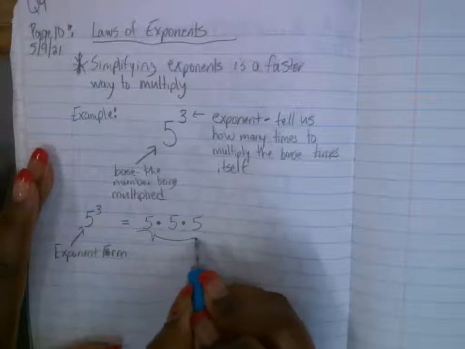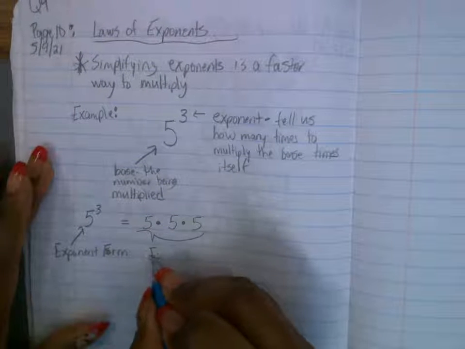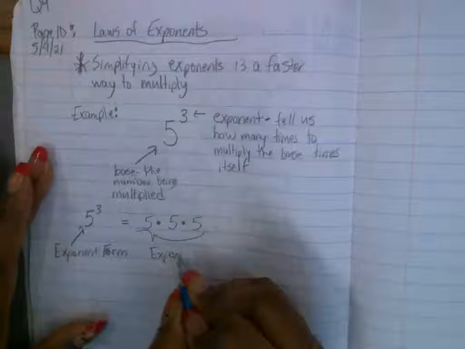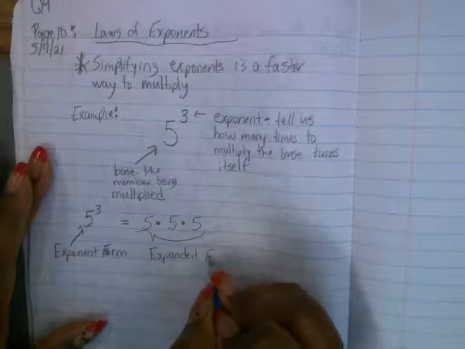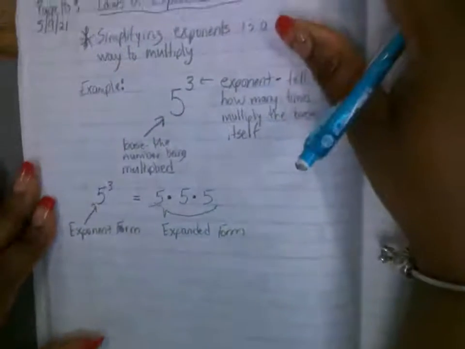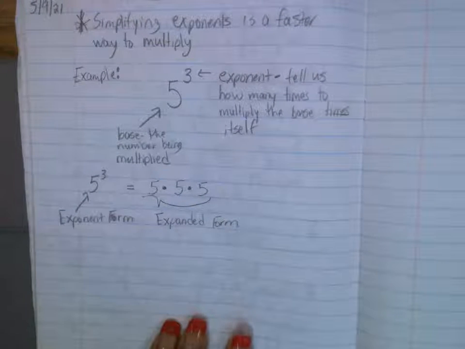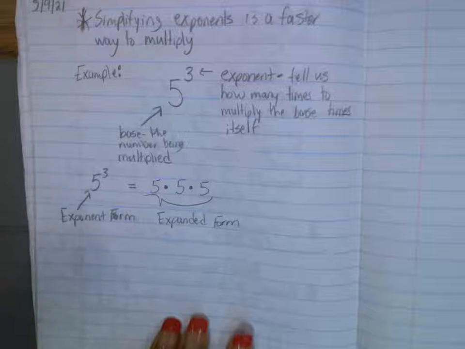This is the expanded form. This is how you simplify. You say 5 times 5 times 5.